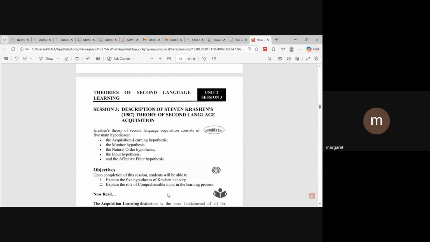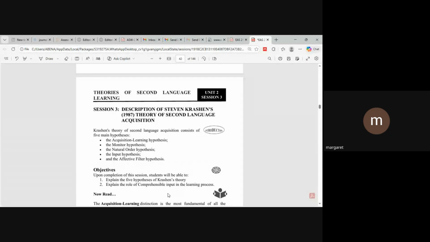The next theory we'll talk about is called Krashen's hypothesis on language learning. Now, Stephen Krashen's theory of language learning, unlike the two that we have learned previously, is built on five hypotheses.